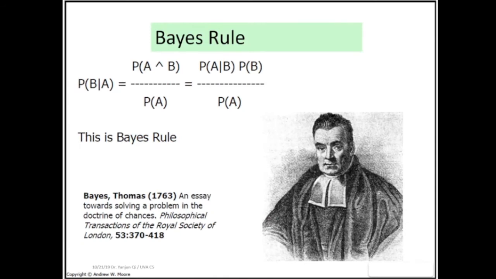All right, so I already used the Bayes rule, but yeah, so here it is just P(B conditional A) equals P(A and B) over P(A). You can use chain rule to decompose it into P(A conditional B) times P(B) over P(A). And then you can just decompose P(A) even more.